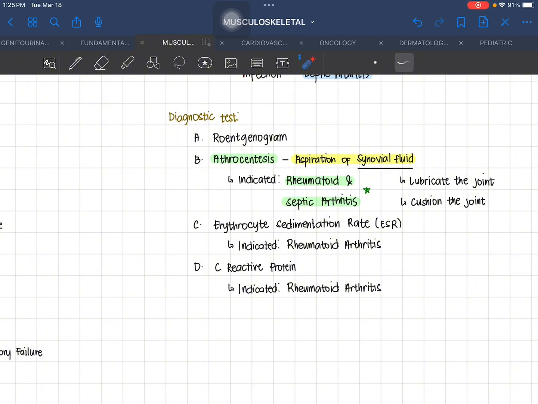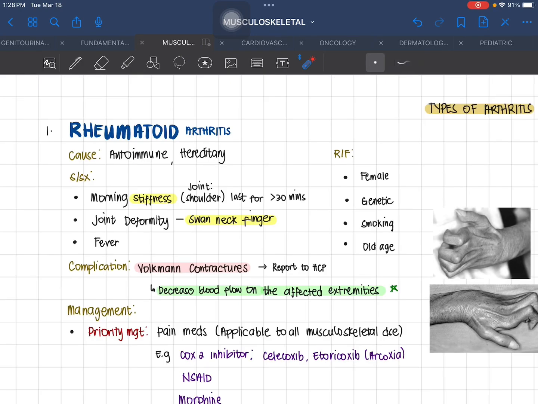Yung synovial fluid, ginagamit siya to lubricate the joint o to cushion the joint. So, pag na-aspirate yun, mabe-verify mo if the patient has rheumatoid or septic arthritis. So, proceed na tayo sa types of arthritis.